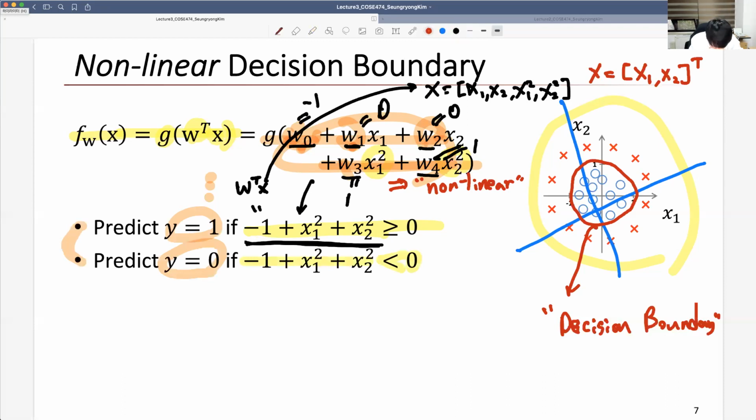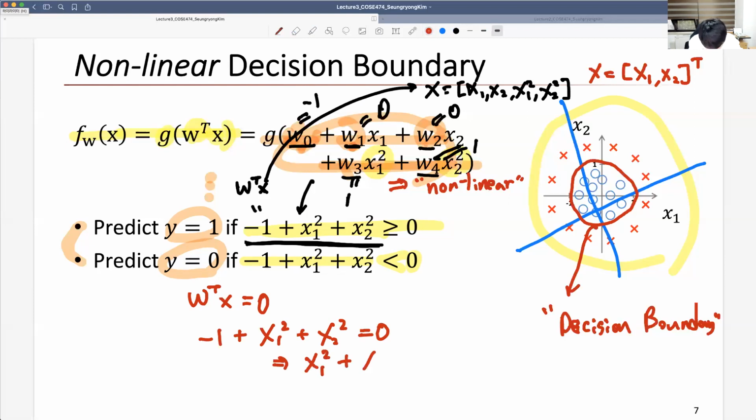In other words, the decision boundary is defined by W transpose times x equal to 0, right? So in this case, -1 plus x1 square plus x2 square is equal to 0. It's going to be x1 square plus x2 square is equal to 1.